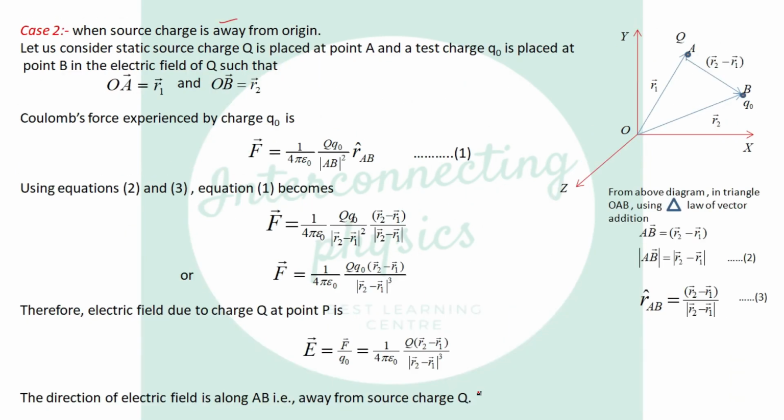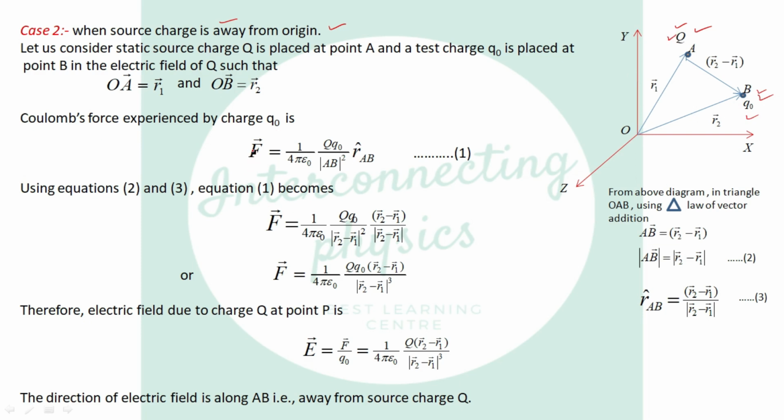Now case 2, when source charge is away from the origin. You see, for this let us take coordinate system O, X, Y, Z, and we have source charge at point A, we have test charge at point B. Let R1 vector is the position vector of the source charge, R2 vector is the position vector of the test charge. So Coulomb force experienced by test charge in the field of this electric field of source charge.